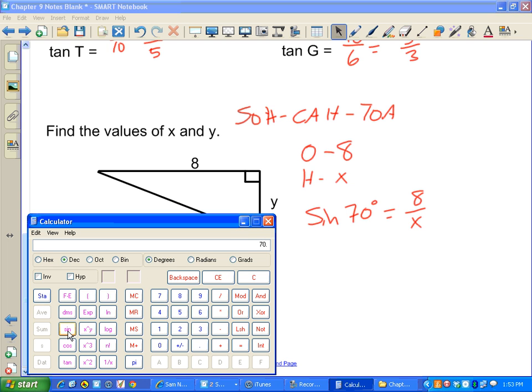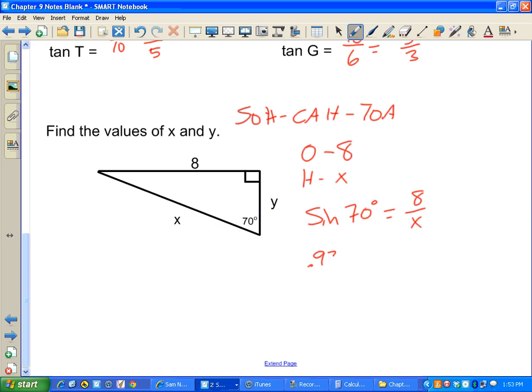So I need to know the sine of 70 degrees. Well, here it is. So that means that sine of 70 I can replace with 0.9397. That equals 8 over x. So now I need to cross multiply to solve these.